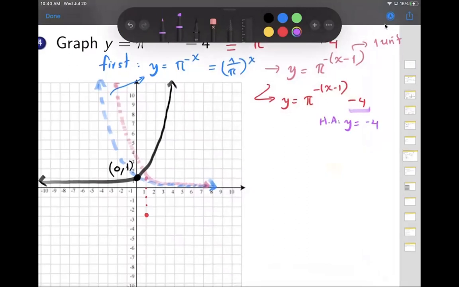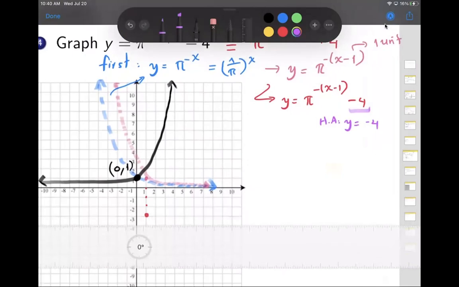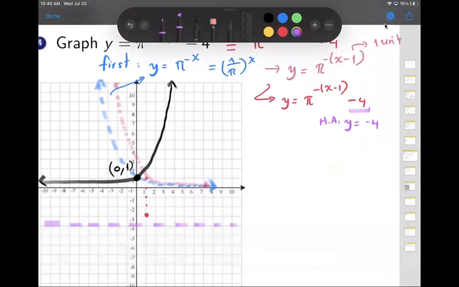So let me graph my horizontal asymptote before I graph my graph. So I know I don't touch it. Now I'm going to copy and paste from the pink one.